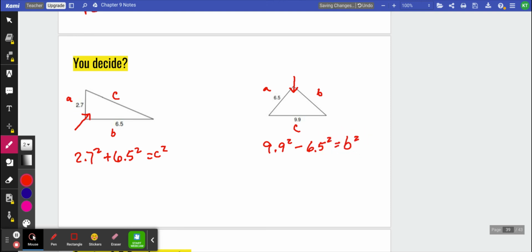So if we take a minute and solve this, the first one, 2.7 squared plus 6.5 squared, we get 49.54. And we have to remember to square root as our last step.